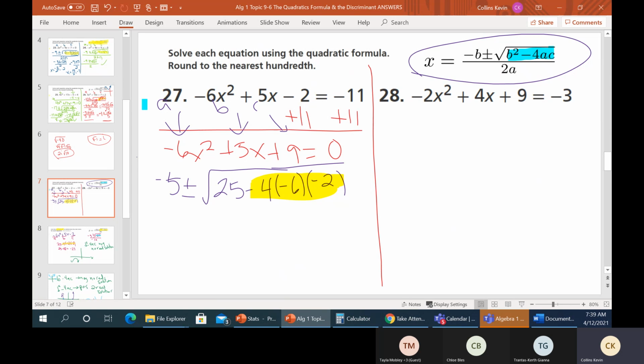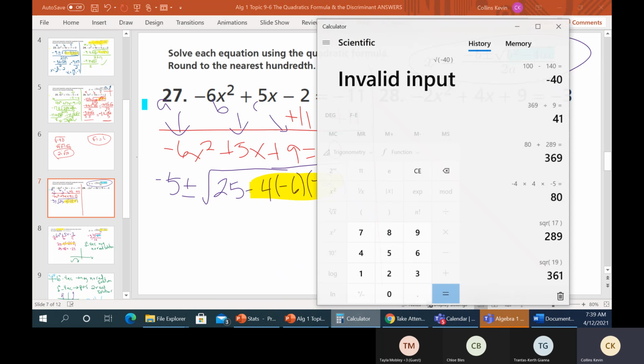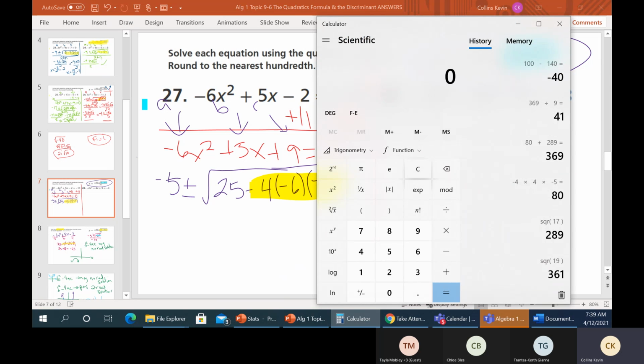So this one, we've got -4 times -6, that's positive 24, right? And then we've got positive 24, excuse me, times 9 is 216. So what we've got underneath the square root then is 25 plus 216. So here comes one of those negatives again, right?